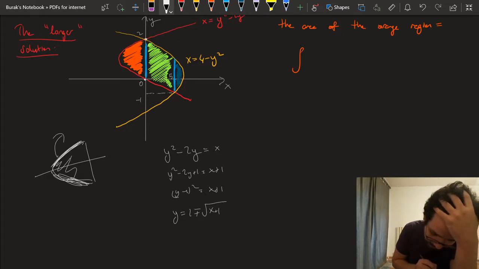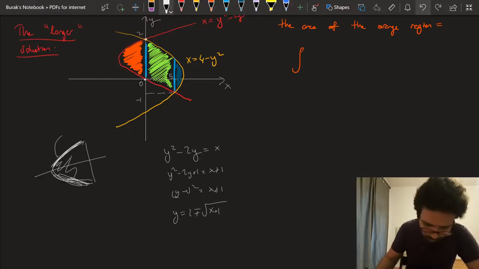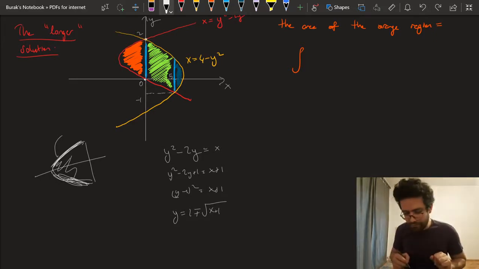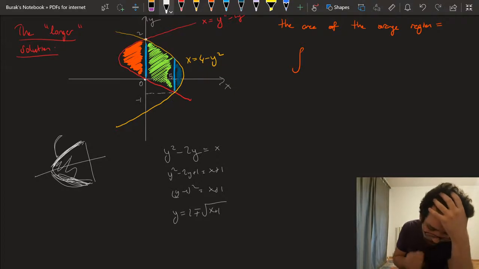I don't want these to be in the notes because then you're going to try to do it like this, and I don't want that, as I said. Anyway, this part is the graph of 1 plus square root x plus 1. This part is the graph of 1 minus square root x plus 1.